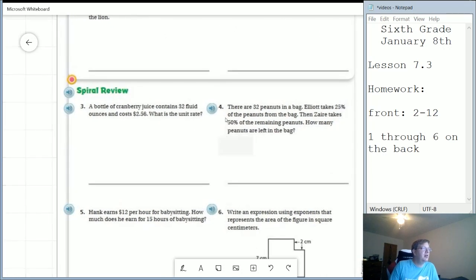Number 4, we are going to actually be breaking this up. So we want to figure out how much is left if we start with 32 of something, and then one person takes 25% of that, and then somebody takes 50% of the remaining amount.